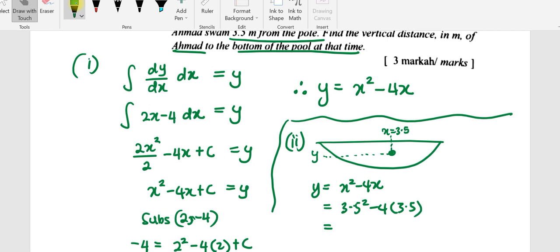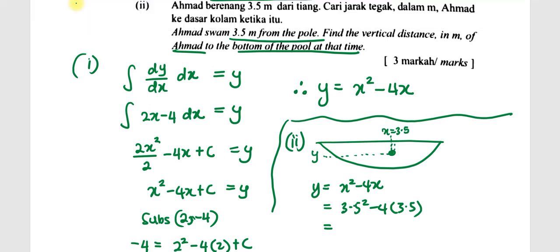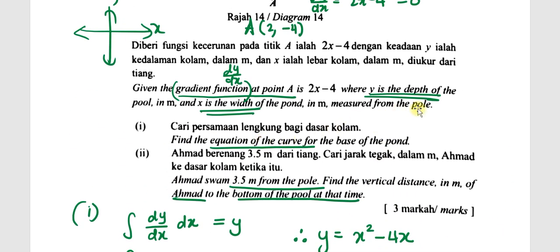You should be getting negative, because we are going down, right? So negative 1.75 meter. But, okay, wait. 3.5 square minus 4 times 3.5. Yeah, you get negative 1.75. But does the question ask for the depth?